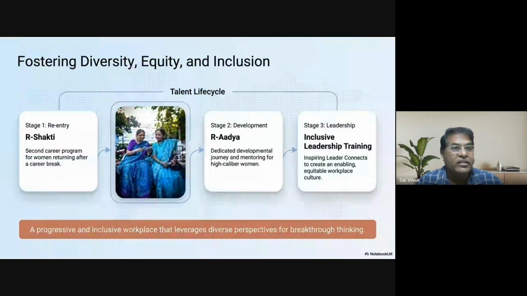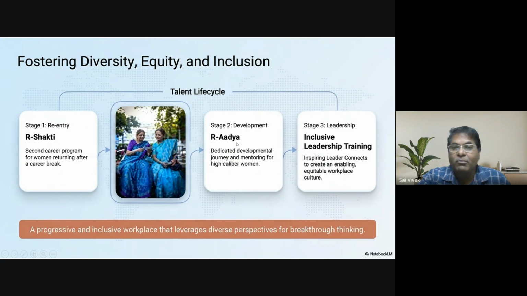So here there is another thing: diversity, equity, and inclusion. Women are given equal importance or even higher importance. Reliance Shakti is a second career program for women returning after a career break. After a career break, women get back to business, get back to helping Reliance Industries Limited in executional positions.